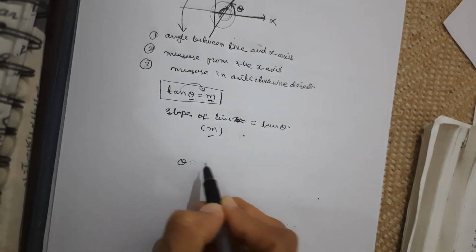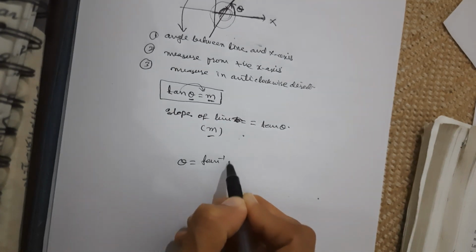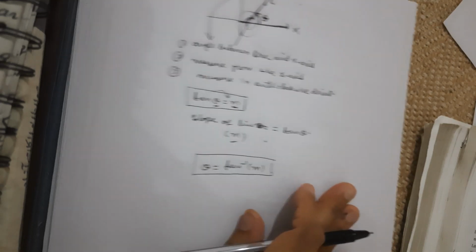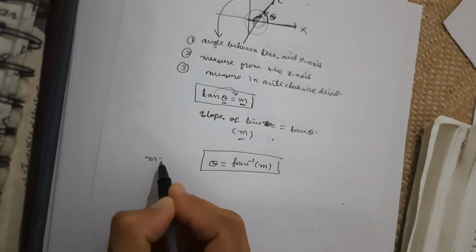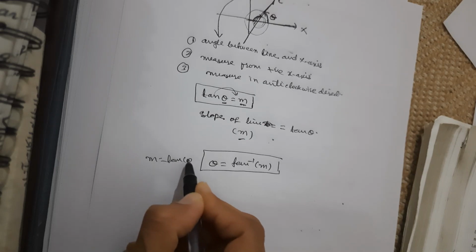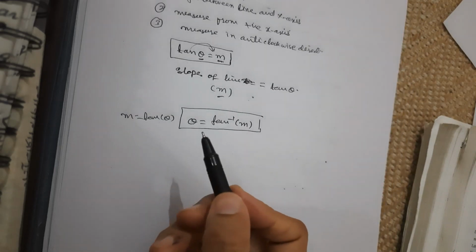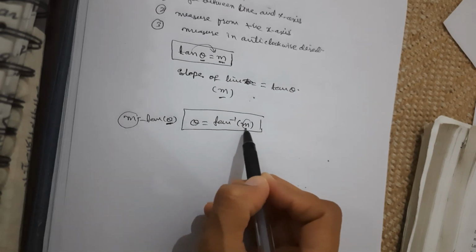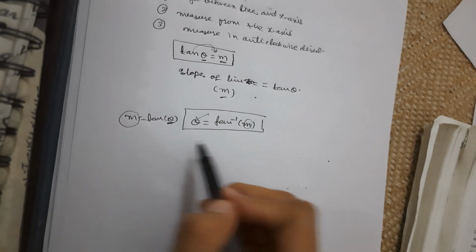So theta equals tan inverse of m, if m equals tan theta. So if the angle of inclination is given, you can calculate the slope; if the slope is given, you can calculate the angle of inclination like this.